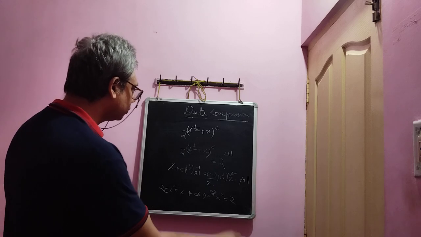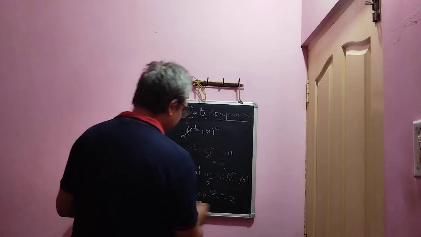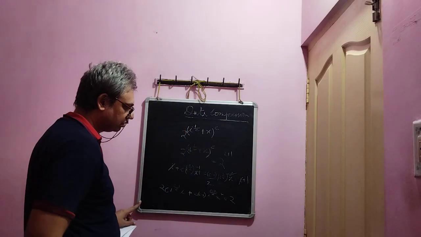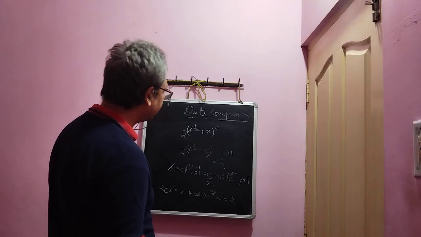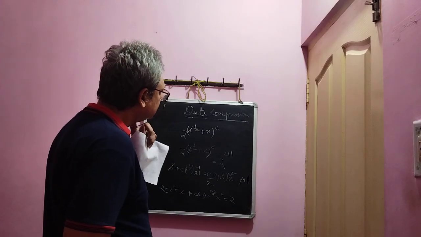Okay, we can bring the 2 to this side and the equation can be solved for x. And then the code will be nothing but, you can store I here, right?